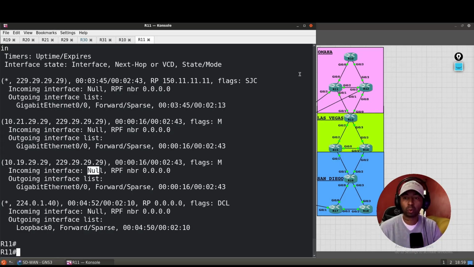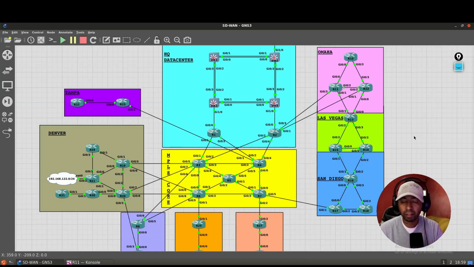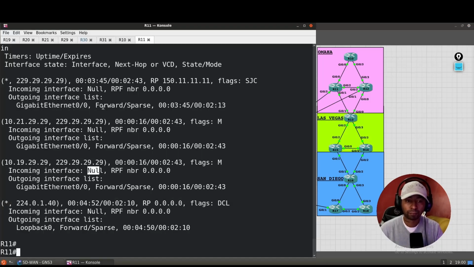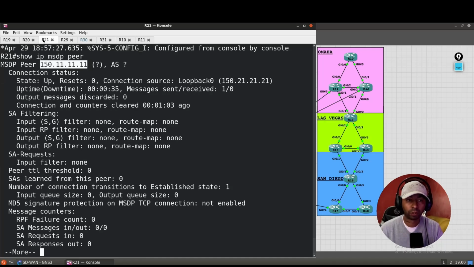What we need to do here, because packets are crossing the internet service provider, we need to implement a GRE tunnel here. So that's what we are going to do here, implement a GRE tunnel on both sides, so it will be established. So first on router 21.